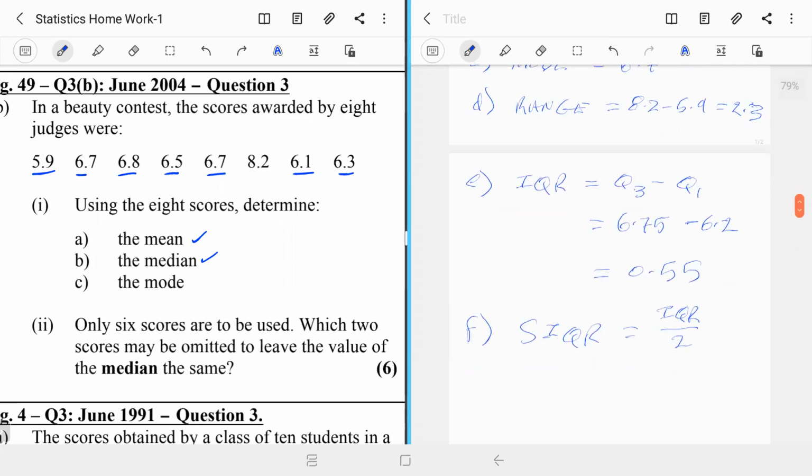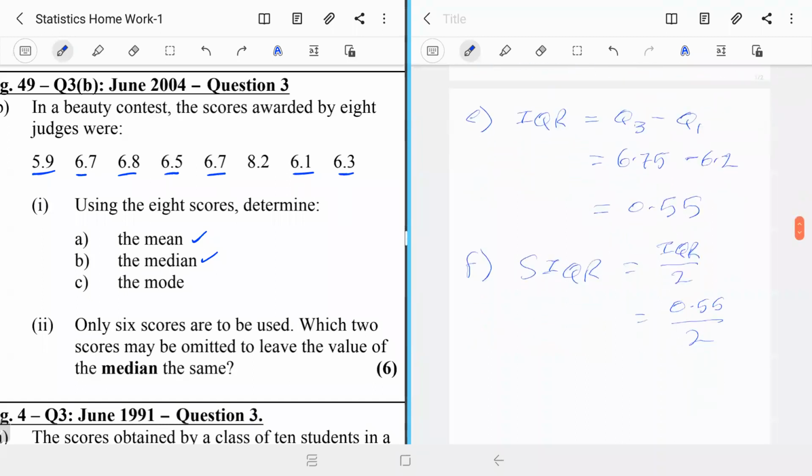Therefore, it is the 0.55 divided by 2. That's the semi-interquartile range. But understand that? Yes, sir. Right. What does that work out to? 0.27. 275. 0.275. All right. So very good.